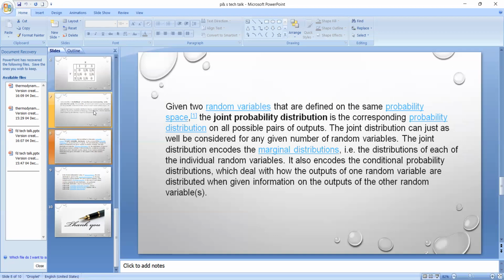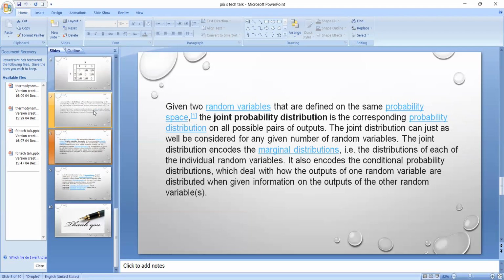Given two random variables that are defined on the same probability space, the joint probability distribution is the corresponding probability distribution on all possible pairs of outputs.